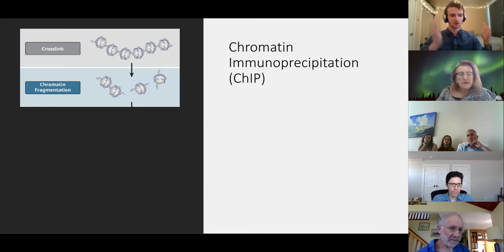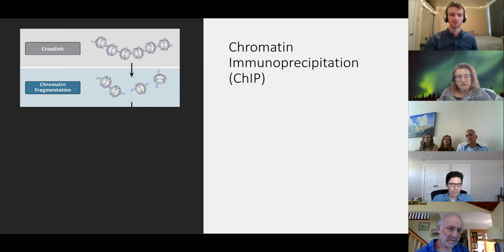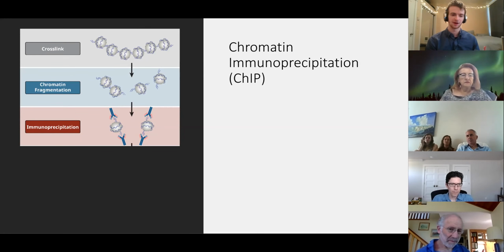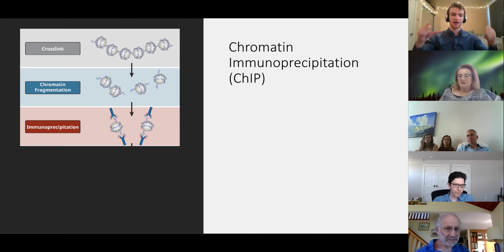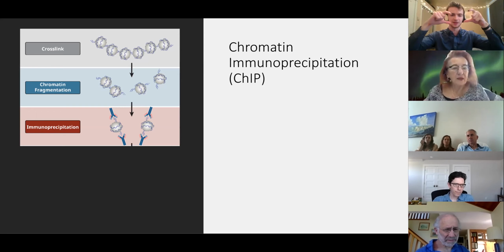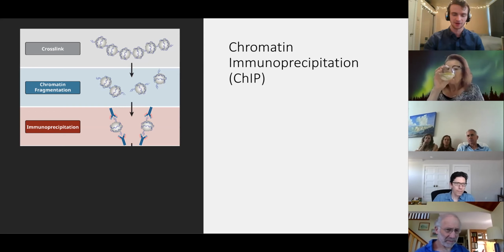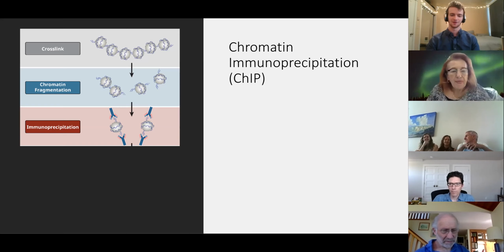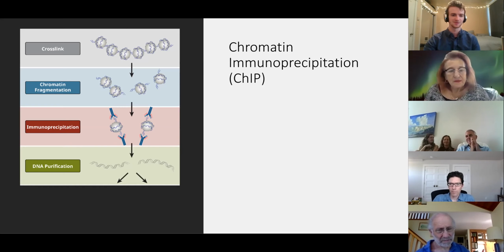Then you shred the DNA that's not bound, so you are left with little fragments of DNA bound to proteins. You immunoprecipitate them, so you have an antibody, in this case for H3K27 methylation, and then you wash out everything that's not bound to those antibodies. So we're left with only the DNA fragments bound to protein of our desired sequence. Then you reverse the cross-linking to release the proteins and purify the DNA.